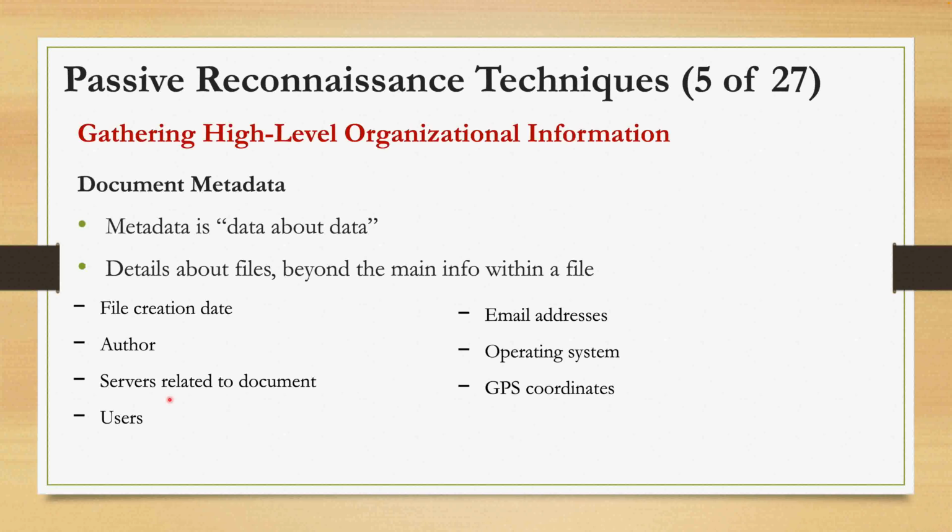Another piece of metadata is server information, potentially exposing internal servers or networks associated with the file's creation or storage. It may contain email addresses, for example, which help an attacker identify potential phishing targets, or understand the email address structure within the organization. It could also be helpful to figure out the type of operating system they're using.